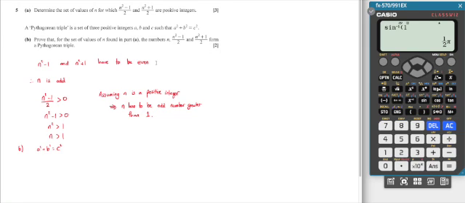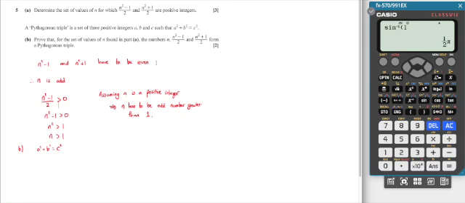And then 3 squared plus 1 is 10 over 2, 5. That's 3, 4, 5. So the n squared plus 1 over 2 is going to be the longest one. So if this is going to be a Pythagorean triple, we should be able to do n squared plus n squared minus 1 over 2 all squared is going to be equal to n squared plus 1 over 2 squared. So let's try that.